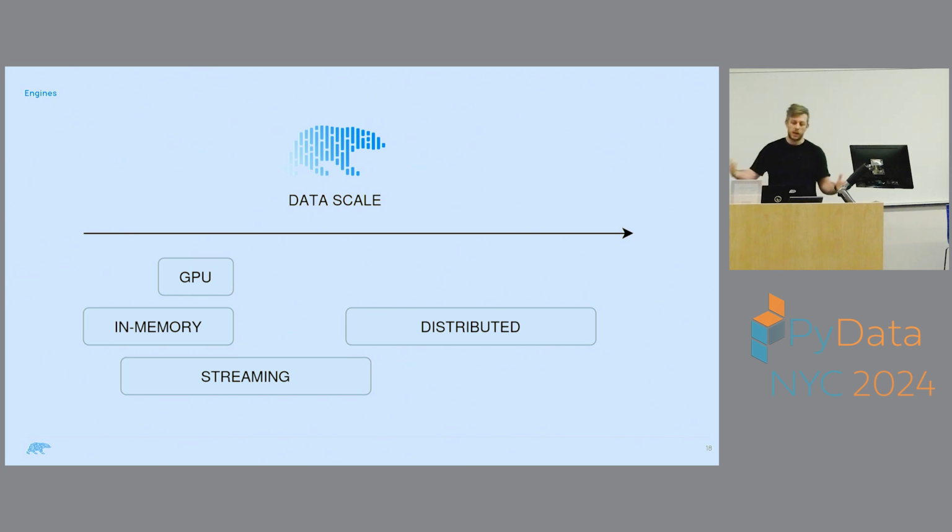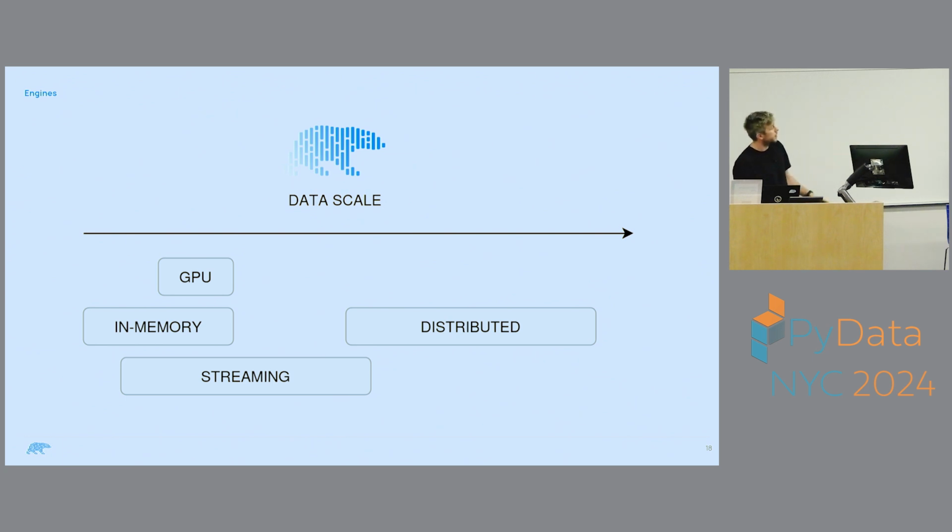And we want to expand this because we're really good at linear scaling, and linear scaling brings you really far, but not everywhere. So we want to give you an engine for different data cases and different data scales. If you're in memory, on tiny data up to everything that fits in RAM, the in-memory engine gets you there. If you have a little bit more data and you're compute bound, the GPU engine can help you.